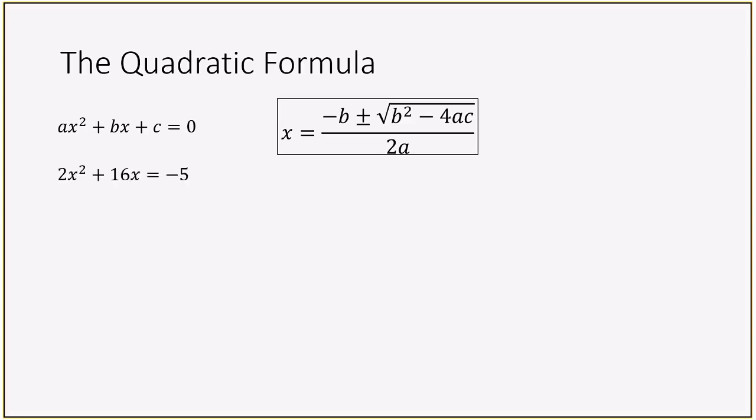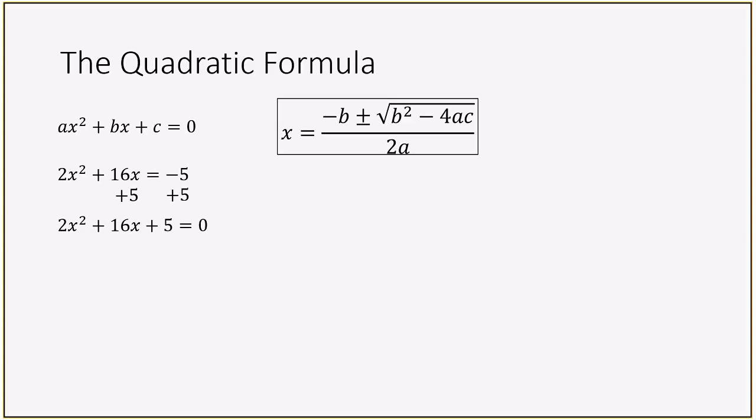So if I'm asked to use the quadratic formula in this question, I have 2x squared plus 16x is equal to negative 5. Well, I can't do that because I don't have a 0 on one side and I don't have everything on the other side. So in order to use the quadratic formula, my first step is to add 5 to both sides. And now I have 2x squared plus 16x plus 5 is equal to 0.